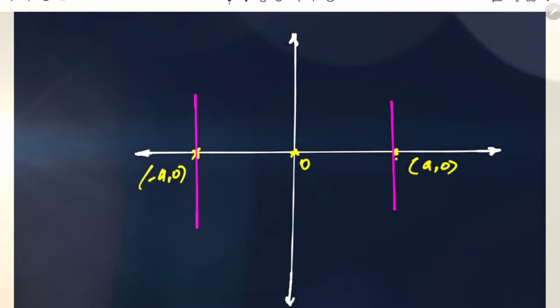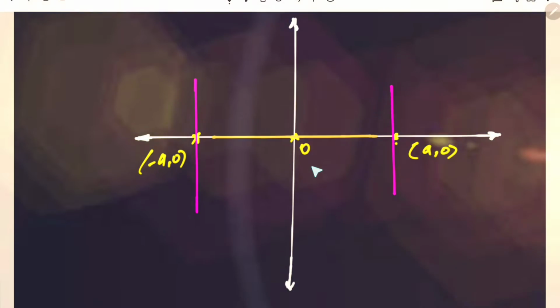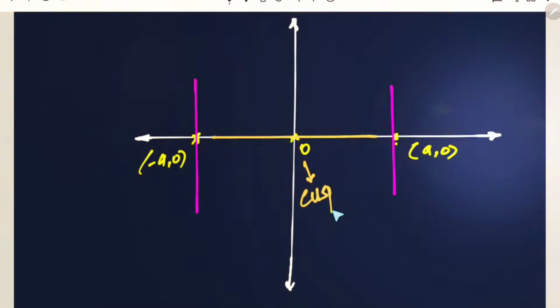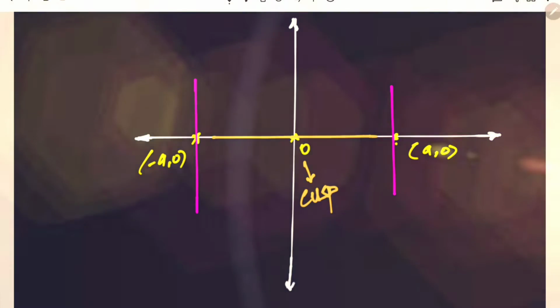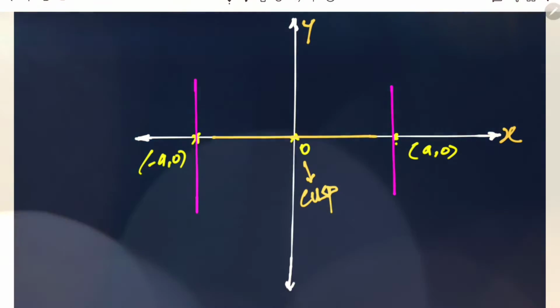Then these 2 are the tangents at those points of intersection, y-axis or new y-axis. This is a common tangent, x-axis is a common tangent, and due to common tangent we get a cusp at the origin. Cusp means shape is pointed at that point. This is x-axis, y-axis.